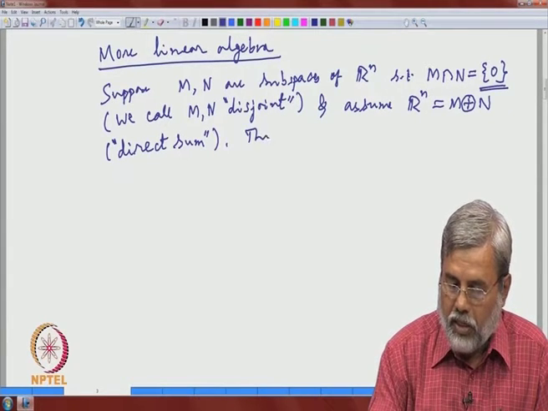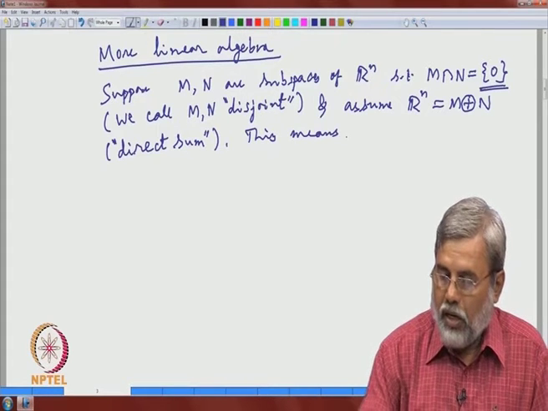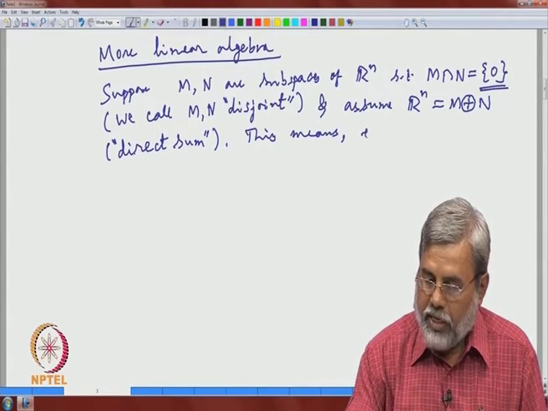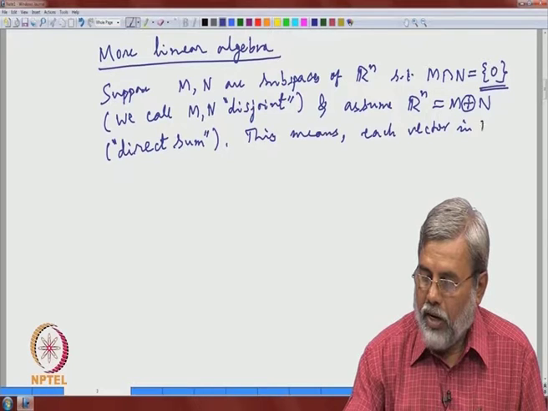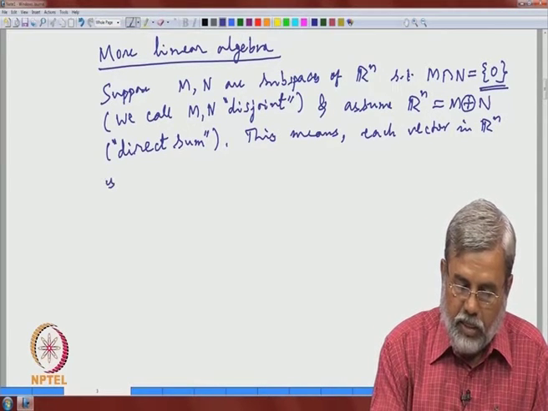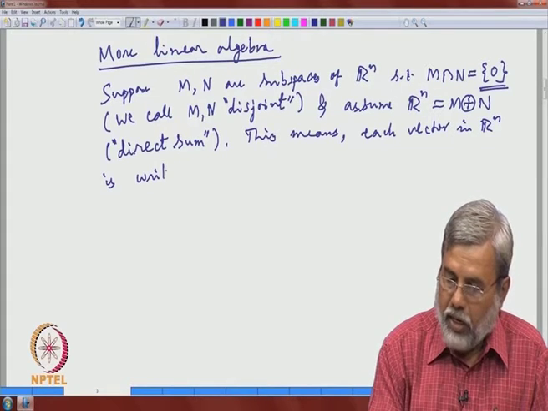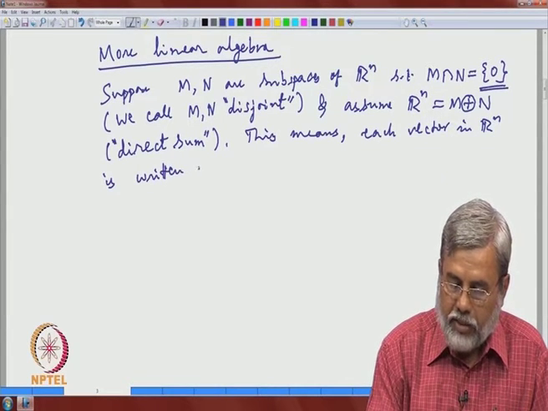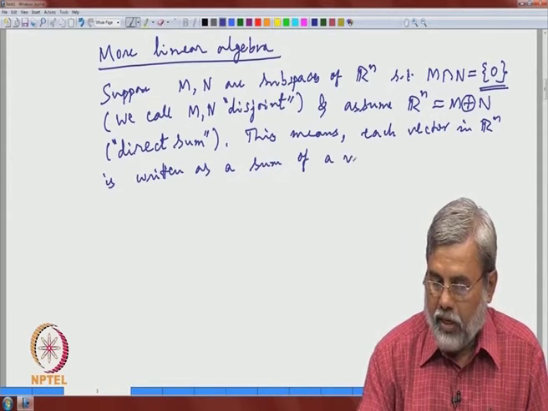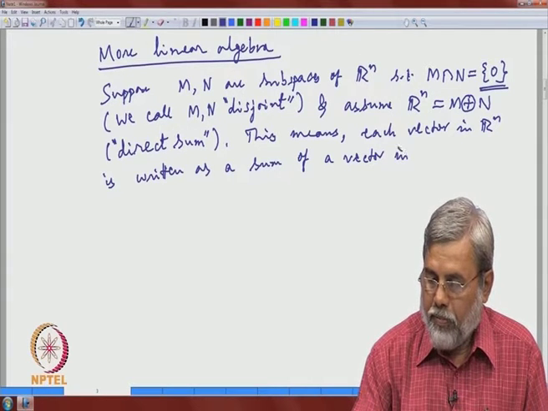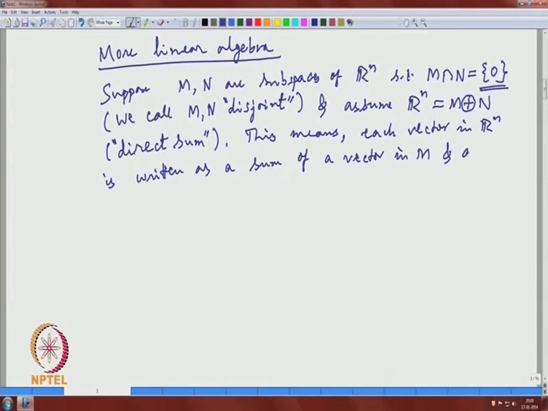This means each vector in R n is written as a sum of a vector in M and a vector in N. Okay. And this condition, M and N are disjoint.